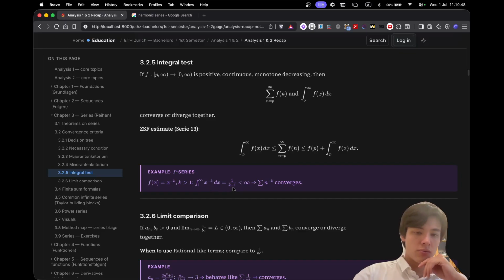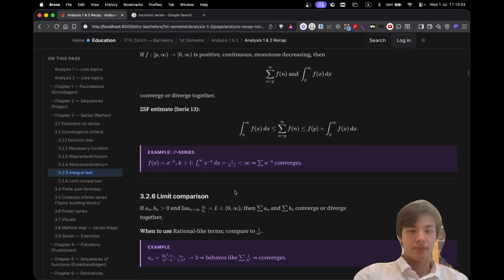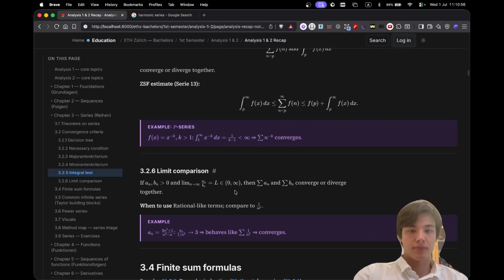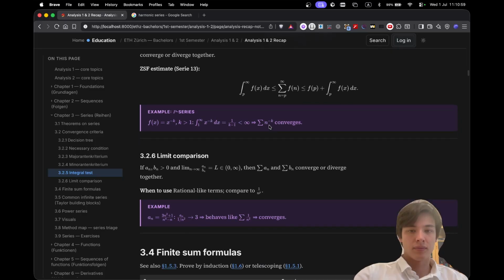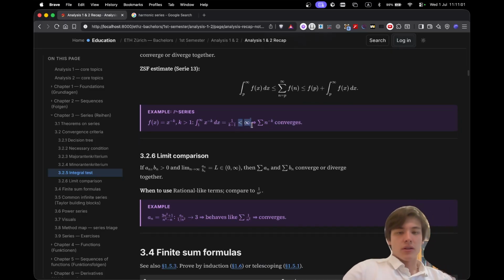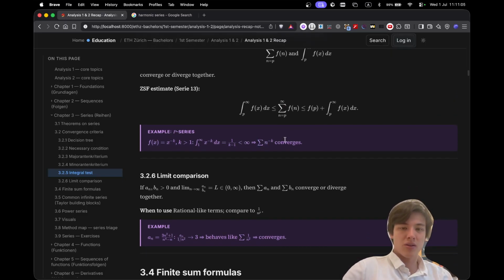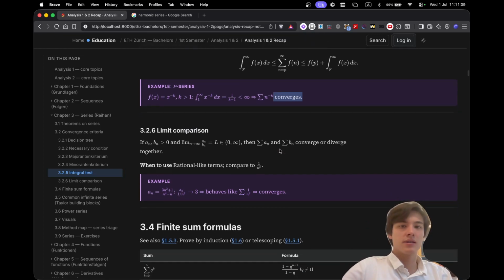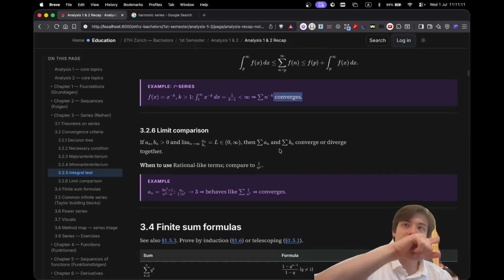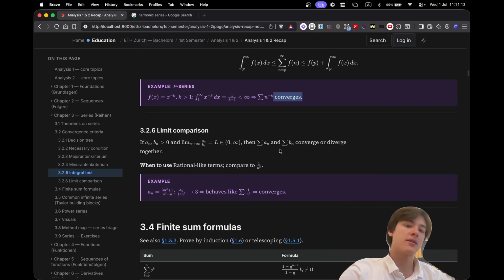Minus 1 comes out. So we know that's smaller than infinity, so if the integral is bounded, then the sum should also be bounded. Makes sense, because the integral takes every value and the sum only the integers.